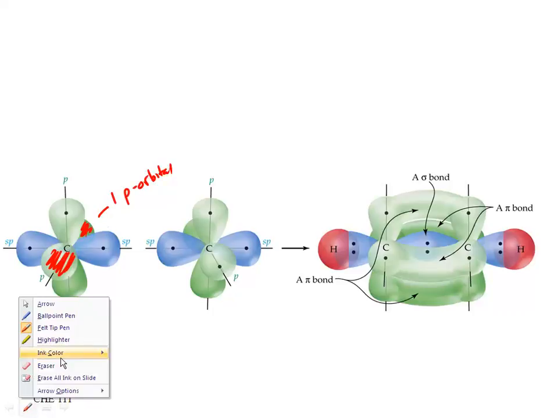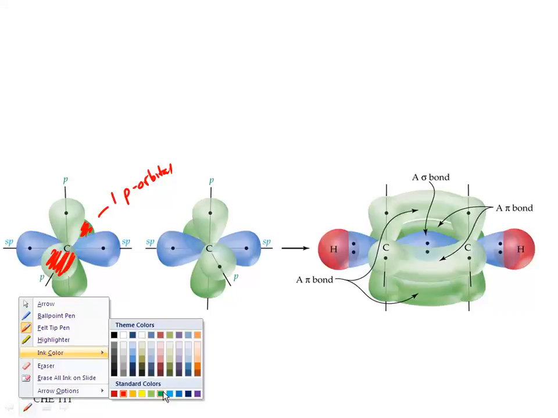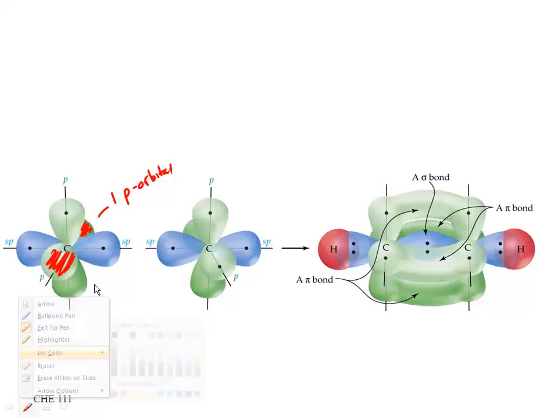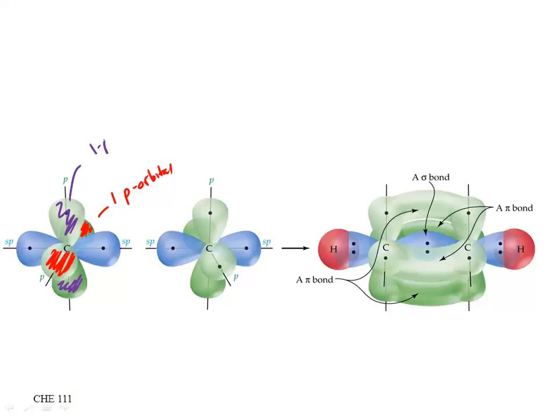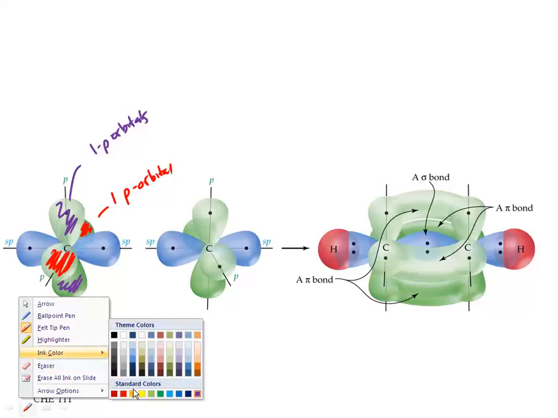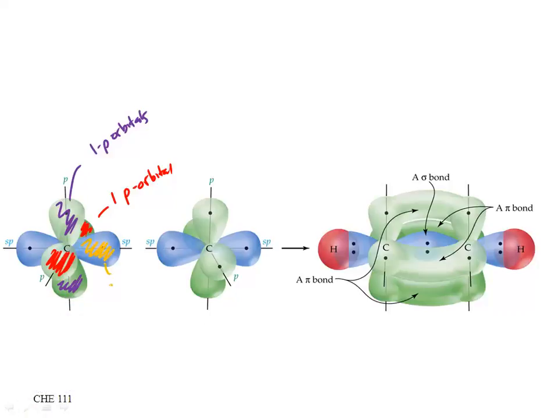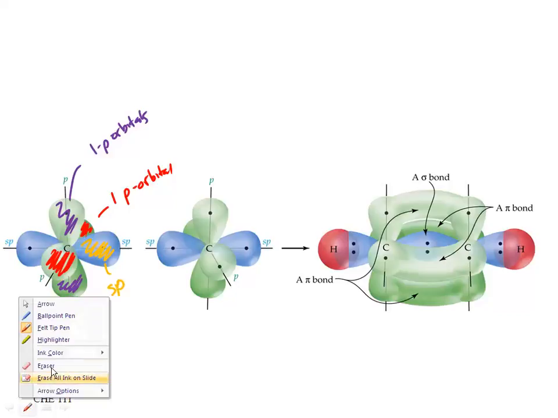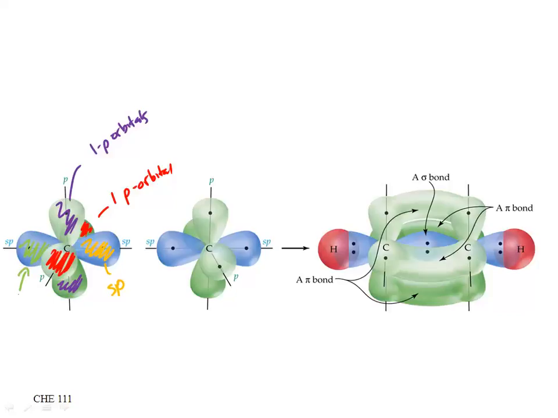And notice that if I color in, say, in purple, this p set of orbitals, that represents 1 p orbital. So the p orbitals are strange in that they have 2 lobes, but it really is only the location of 1 electron. And then if I take a look at it, that's 1 sp orbital that's hybridized. And this would be, say, the other sp orbital that's hybridized. So there really is 4 orbitals there.